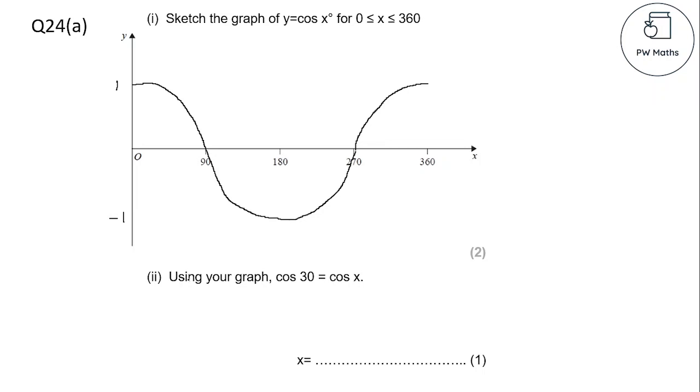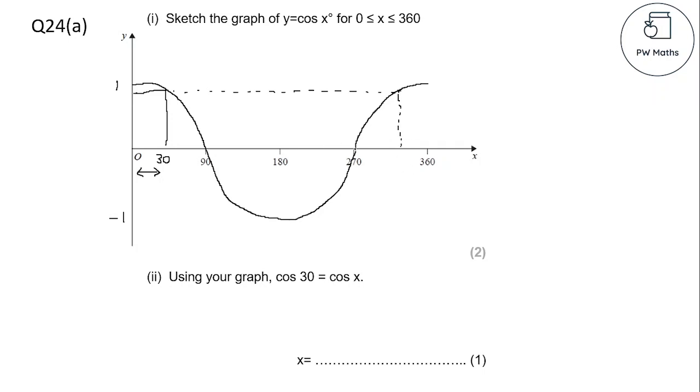Part B of the question. Using my graph, cos 30 is cos of something else. Well, cos 30 is here. It's got a distance of 30. If I keep thinking across this graph, there is another number that would give me the same answer.